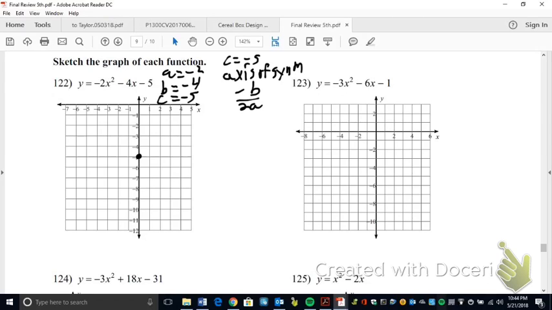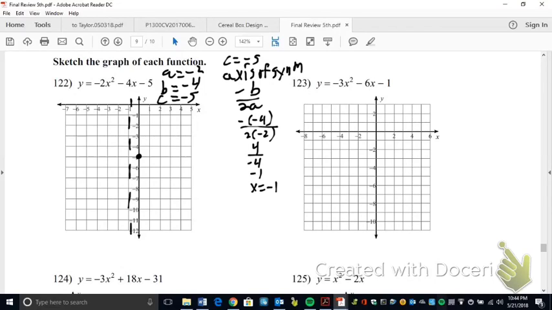So when I go negative b over 2a, that's going to give me negative negative 4 over 2 times negative 2, or 4 over negative 4, which is negative 1. So my axis of symmetry is x equals negative 1. Right there. So now we want to find our vertex.